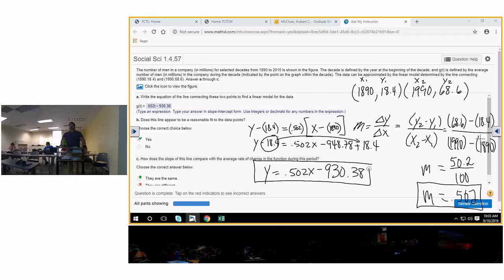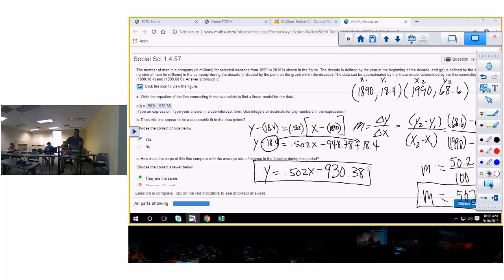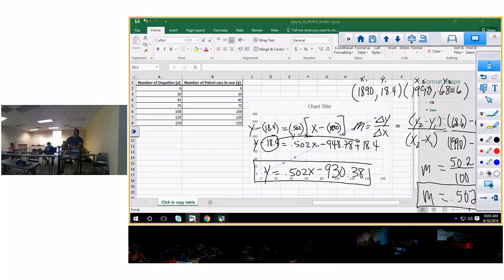Now, how could you do that on your handy-dandy calculator? Well, I meant not your calculator, but your Excel spreadsheet. You could pull up your Excel spreadsheet, and instead of typing all those in, you could do, what's the 2 points? Okay, 1890, comma, 18.4, 1990, and 68.6.